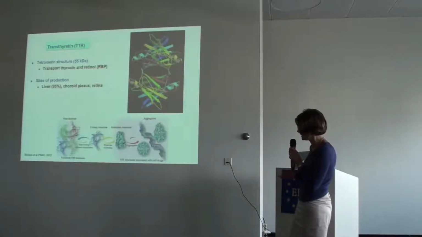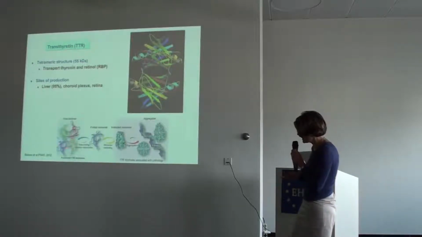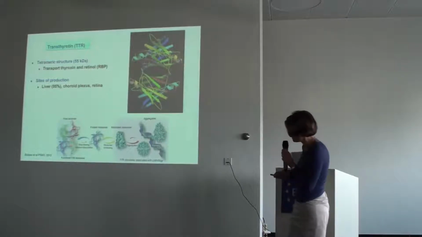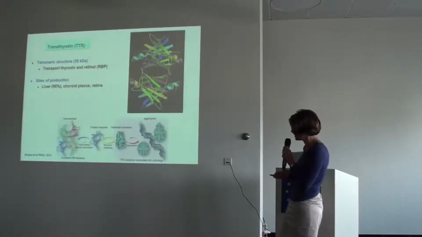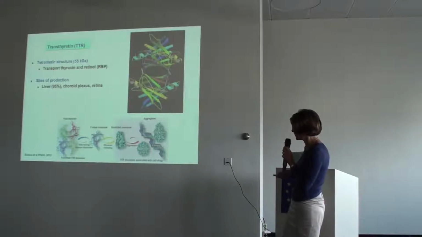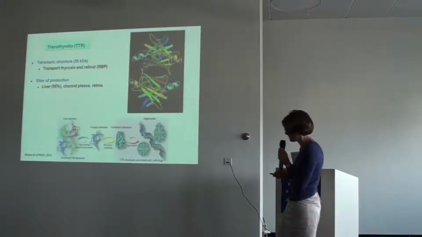So this figure shows you what we think about the pathogenic cascade of this type of amyloidosis. Here is the tetramer of transthyretin, and there is a decrease of stability of this tetramer, mainly by two factors. Those two factors can be combined. One of them is an inherited mutation, an inherited variant of the protein, and the second factor is clearly aging.